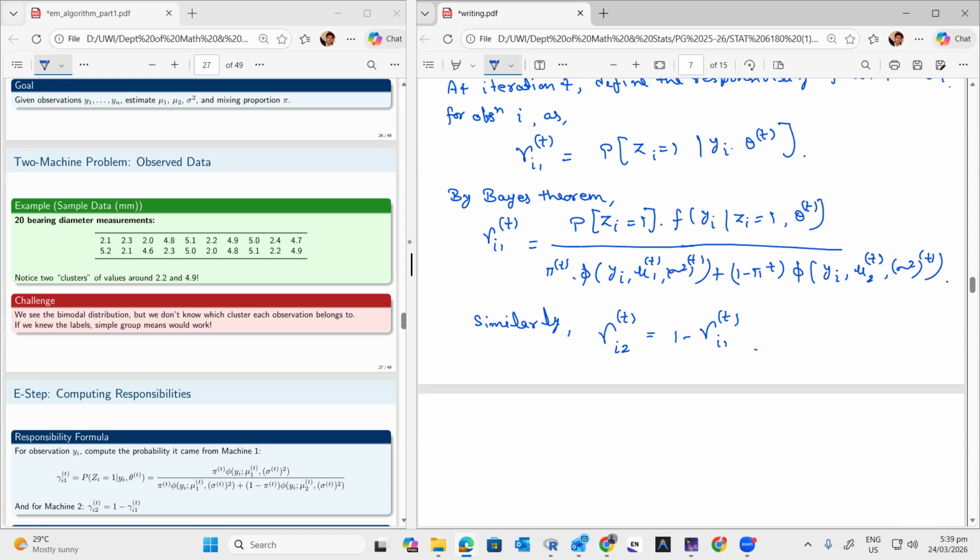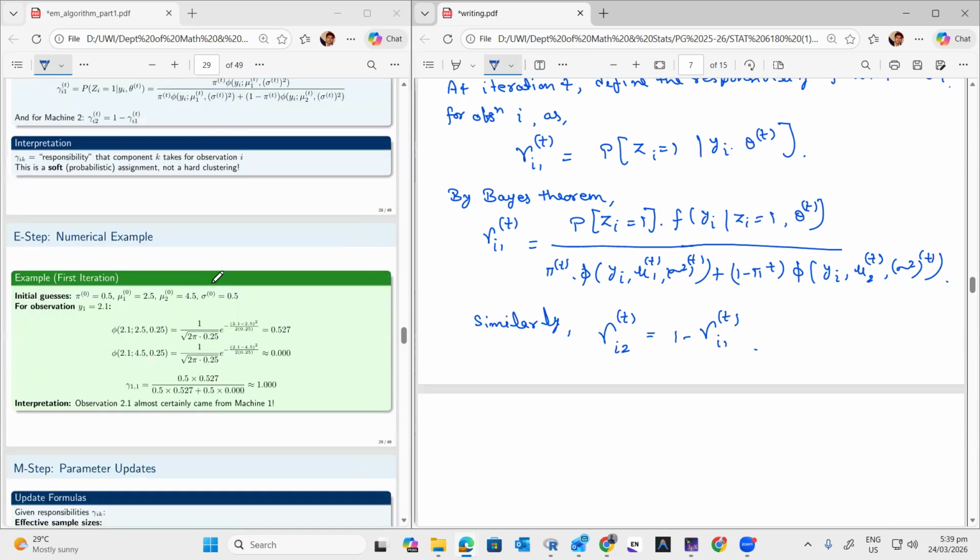So here we started with the initial guesses: pi naught equals 0.5, mu1 naught equals 2.5, mu2 naught equals 4.5, and sigma naught equals 0.25.